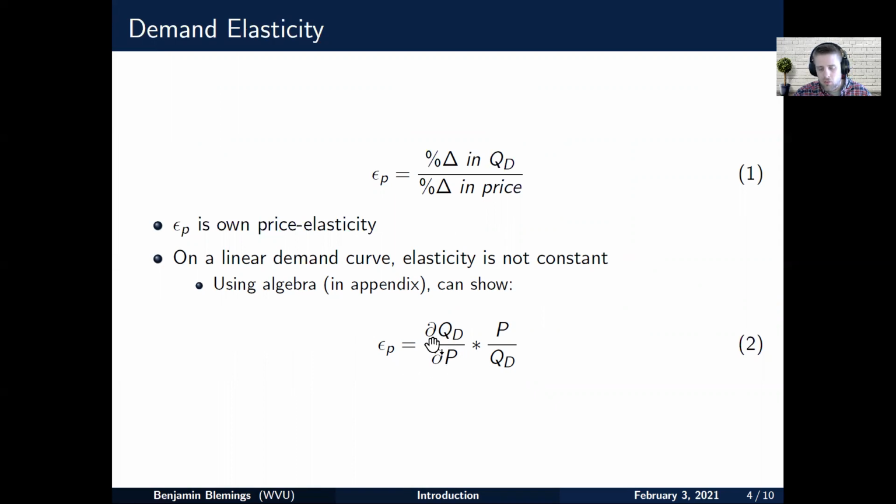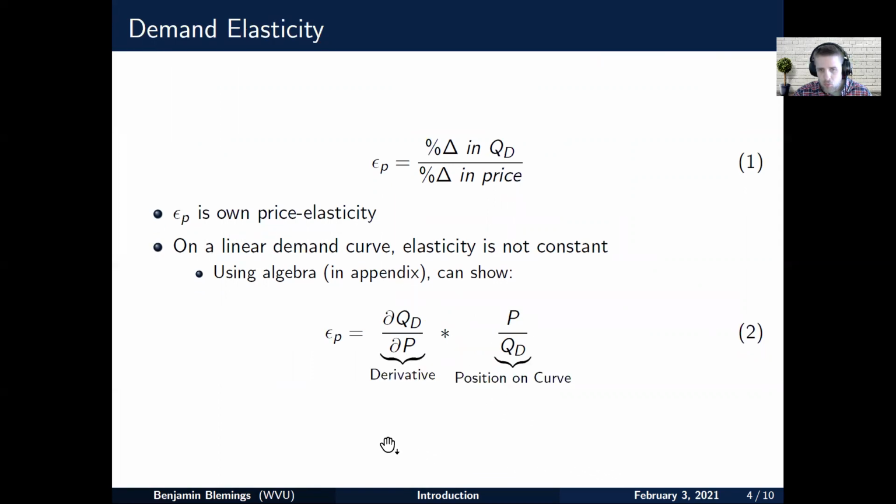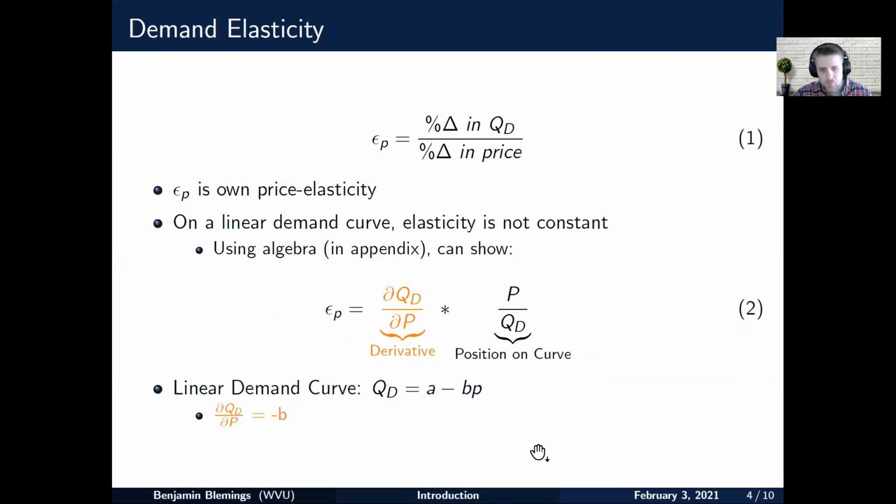These curvy d's just mean the change in quantity demanded given a change in price, times where you actually are on the demand curve, is the elasticity at any point on a demand curve. So the slope times where you actually are. This is just a derivative, and this is just where you are on the curve.